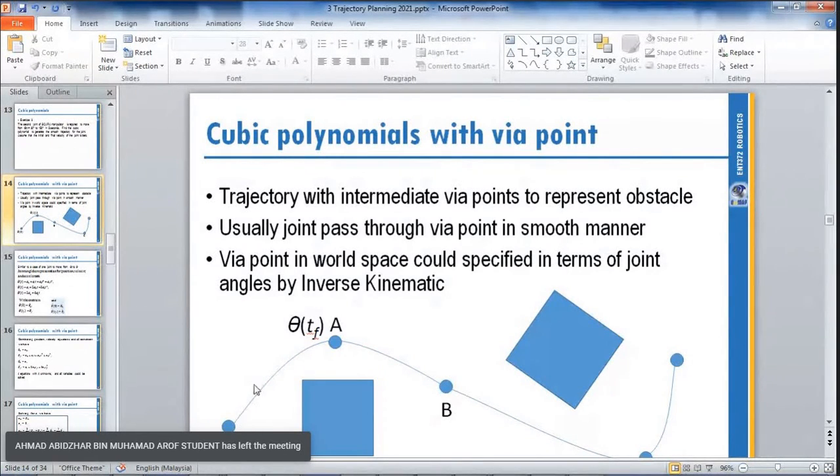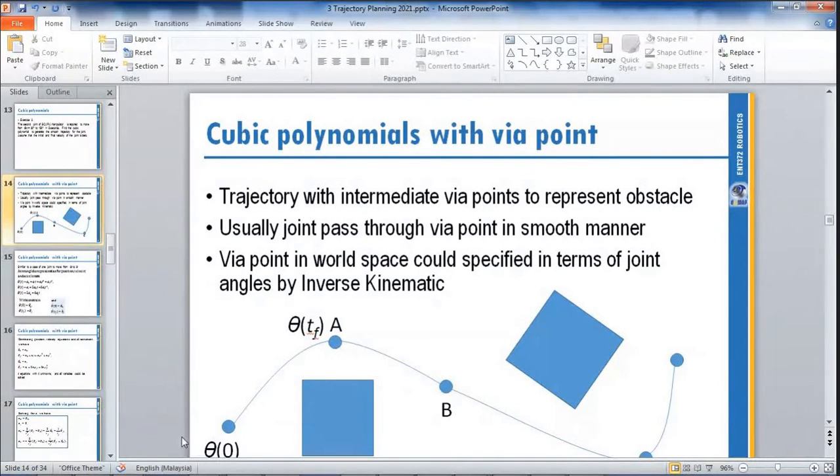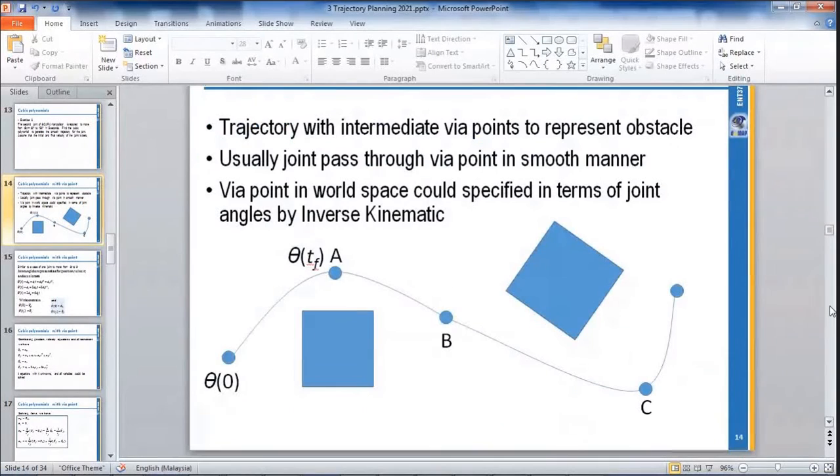That means you need to avoid the obstacle through a via point. For example, if this is your initial, this is your via point, and this is your final point. This one is a little bit extended from the first one.